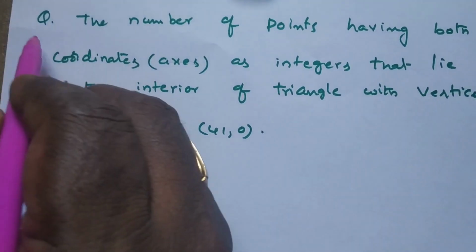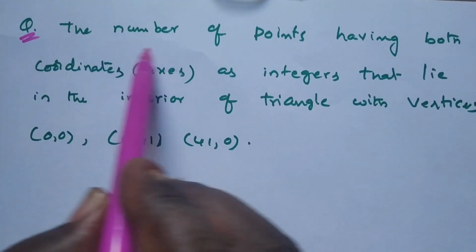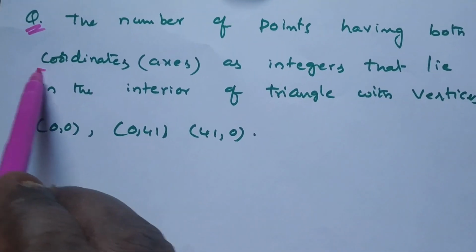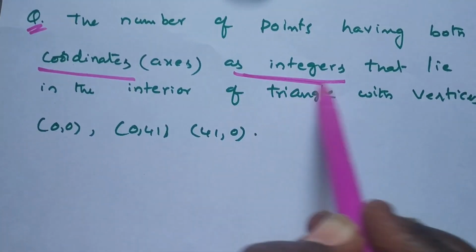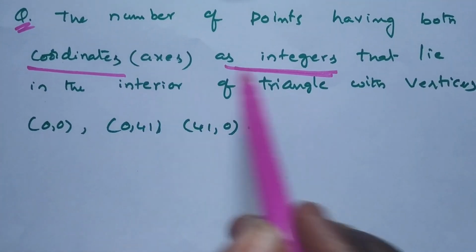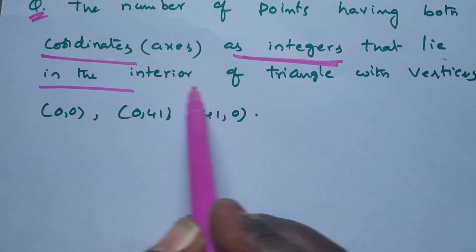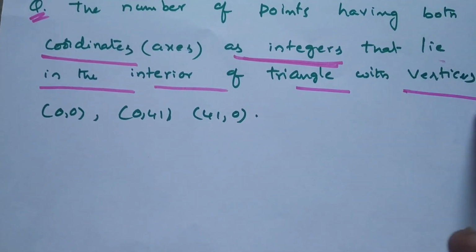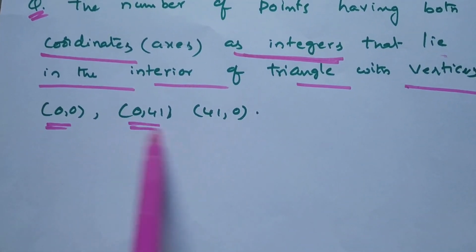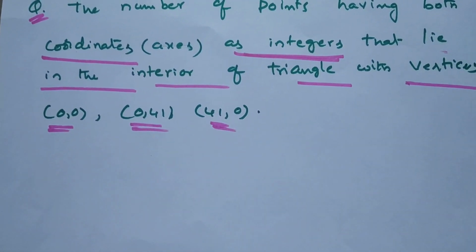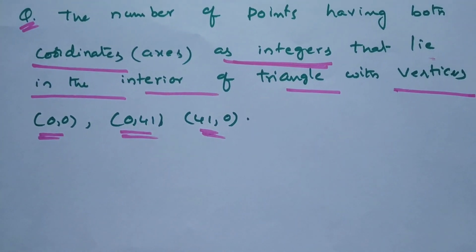Okay. See this question. The number of points having both coordinates as integers, the x coordinate an integer and the y coordinate also an integer, that lie in the interior of the triangle with vertices at (0,0), (0,41) and (41,0).